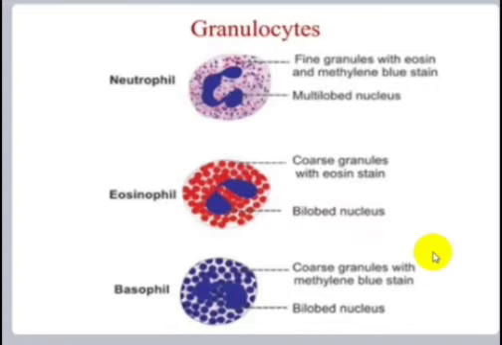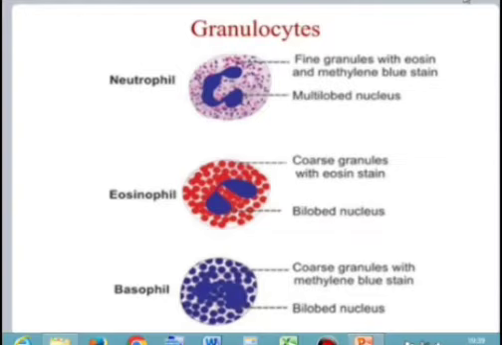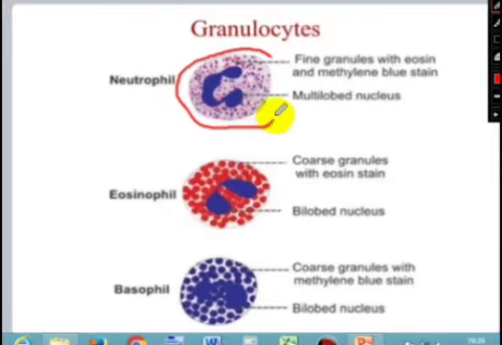Okay. We'll look at the three major types of granulocytes, beginning with neutrophils. The first diagram on the slide shows you what neutrophils look like. Neutrophils are white blood cells with fine granules in their cytoplasm.